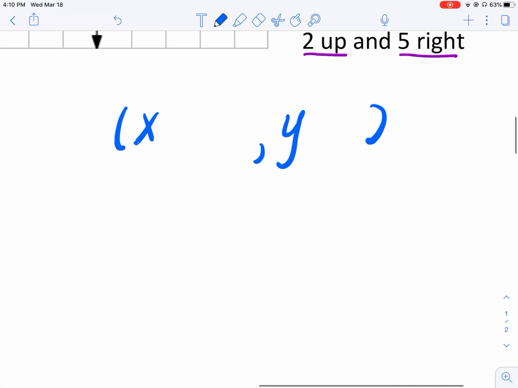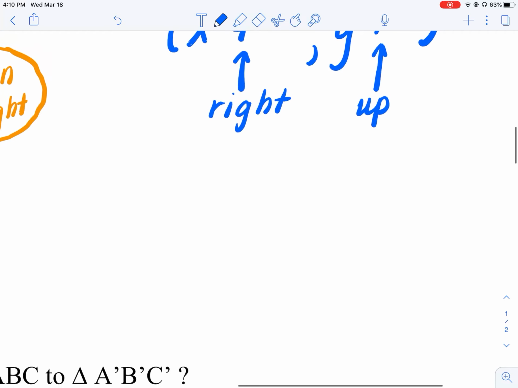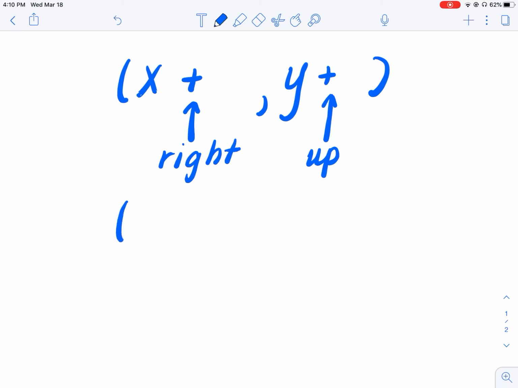So what is the rule? What's so important? Well, every time you see x plus, that means you're going to the right. Every time you see y plus, that means you're going up. Every time you have x minus, that means you're going to the left.